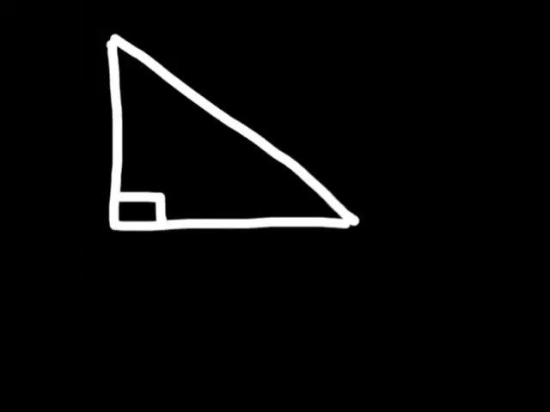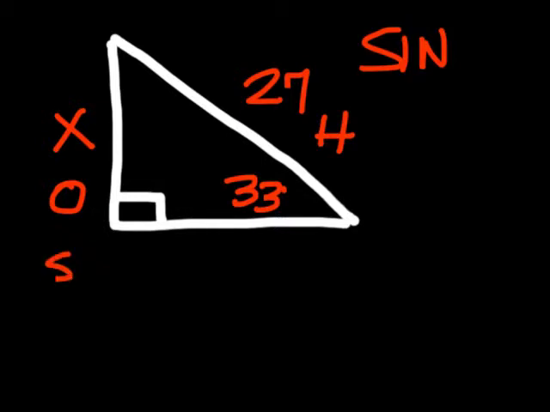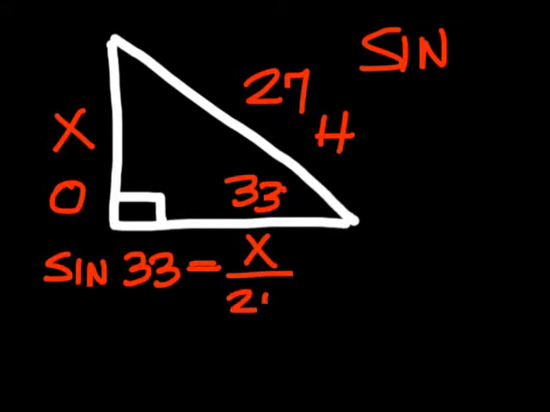Okay, example number 1. If I have 33 degrees, this is x, and this is 27, what function am I going to use? Sine, yes, we're going to use sine because this is opposite and this is hypotenuse. So you would have sine of 33 degrees equals opposite x over hypotenuse 27.